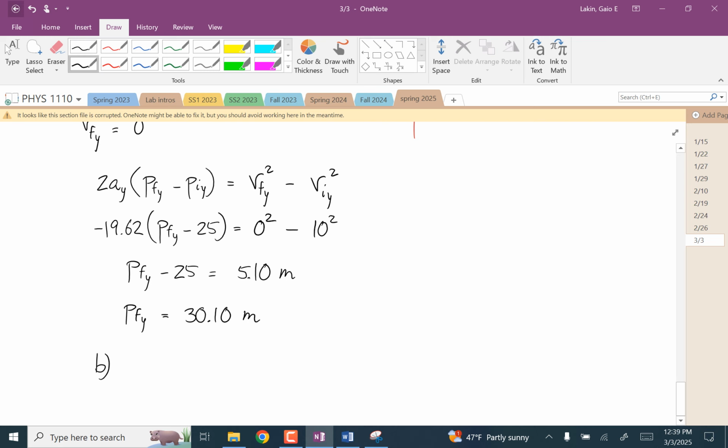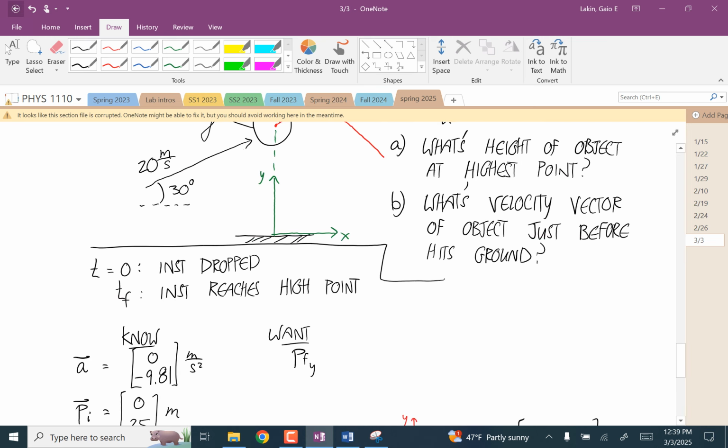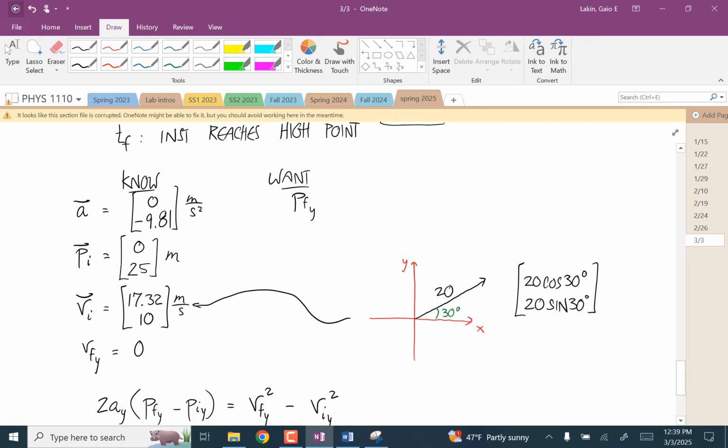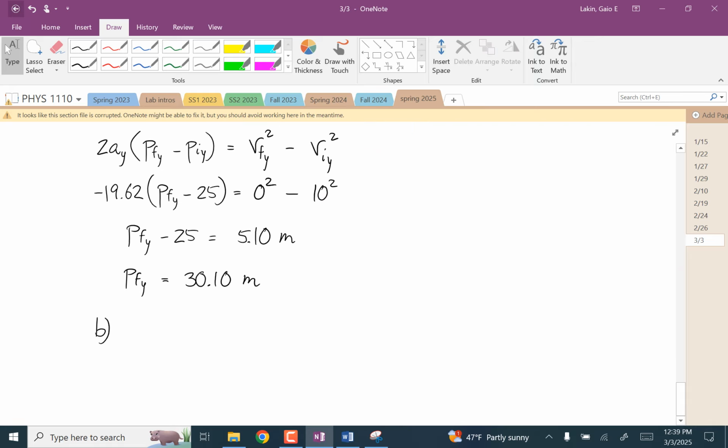Okay, so part B, now we want to figure out what's the velocity vector just before it hits the ground. So you always have to think about this when you go to part B's and part C's of problems. Is there any reason we need to choose a new time equals 0 or a time final? And yes, there is in this case.